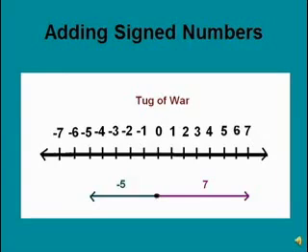Notice I'm talking in terms of absolute value here. I'm not comparing 7 to negative 5. I'm saying the absolute value of the positive team is 7. The absolute value of the negative team is 5. And since 7 is greater than 5 by 2, once again, how do we determine that? Well, 7 minus 5 is 2.